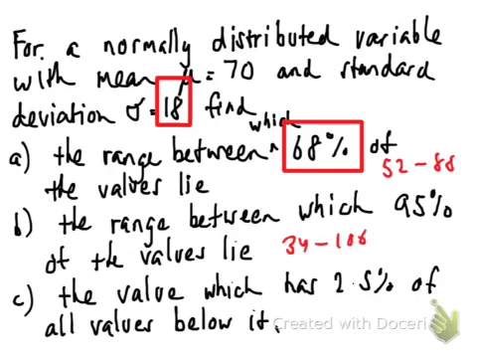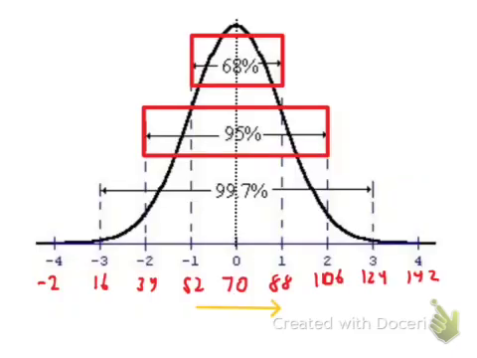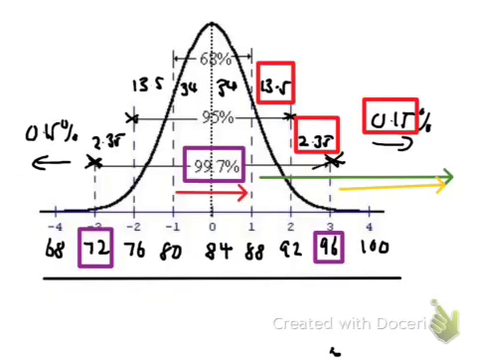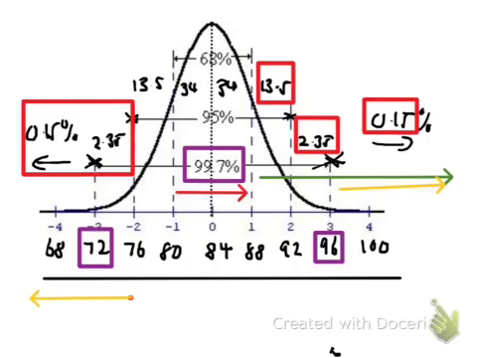The value below which has 2.5% of all values below it. Okay, so 2.5%, remember the diagram I did before, we've got those individual probabilities, so 2.5% covers from 2 standard deviations and less than 2 standard deviations away from the mean. So it's that section there, from 2 standard deviations and below that.